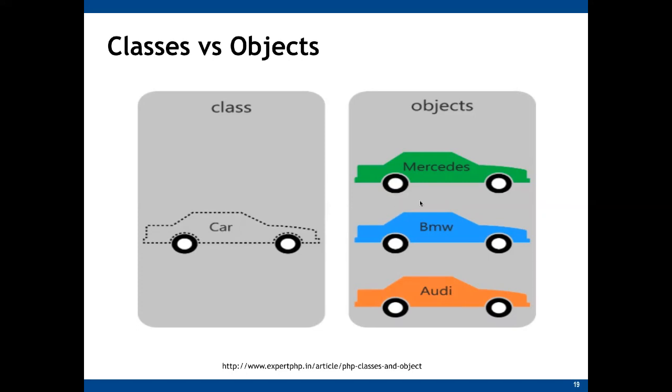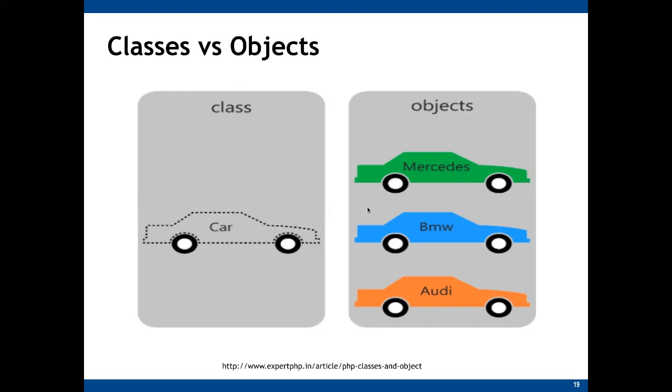So if you look at this example, this car class is just a template for making cars. It is not a concrete thing. It does not have value or data. It's just a template.